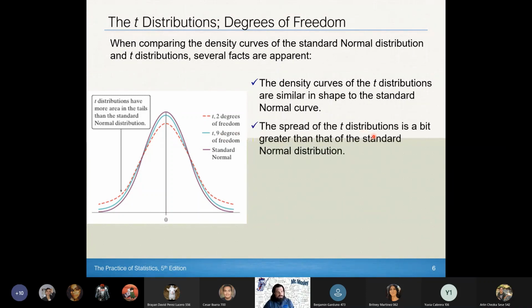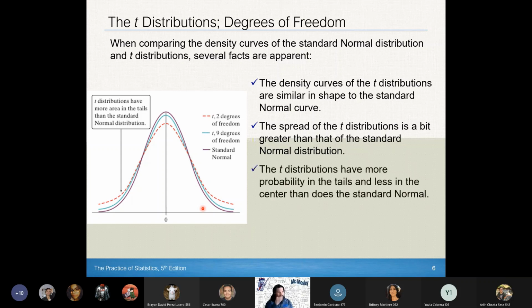The spread of the t-distributions is a bit greater than that of the standard normal distribution. They're wider, so they're more spread out. And the t-distributions have more probability in the tails and less in the center than does the standard normal. In other words, that's why the tails are farther away from the horizontal axis. There's more area underneath them.